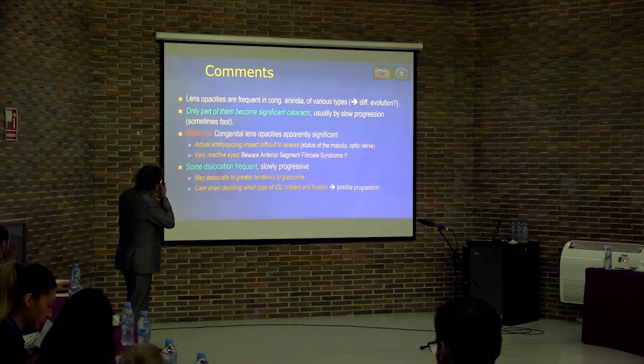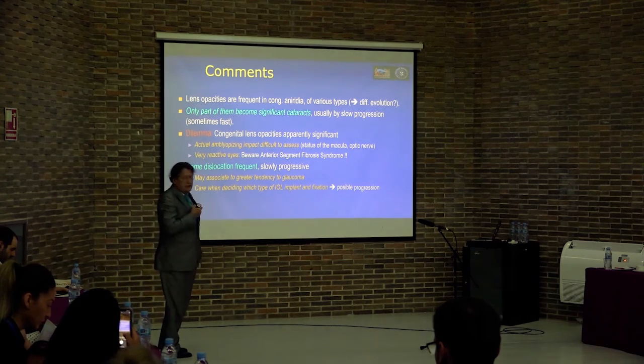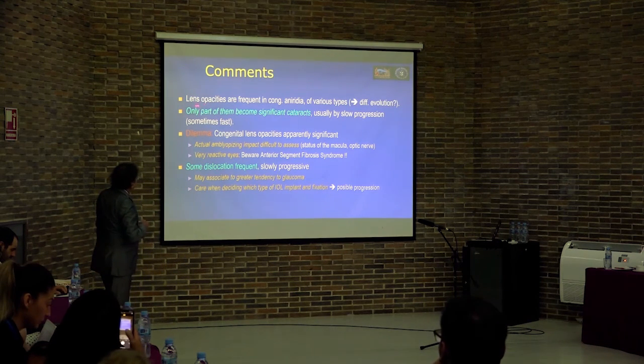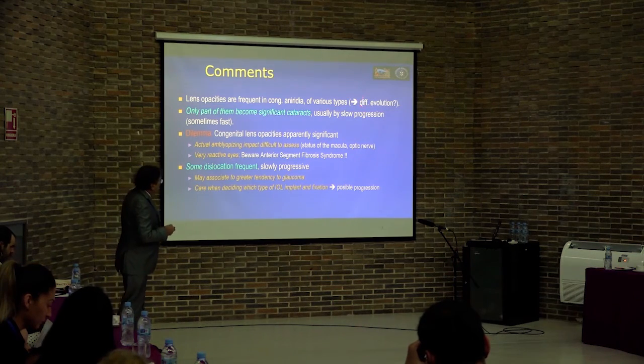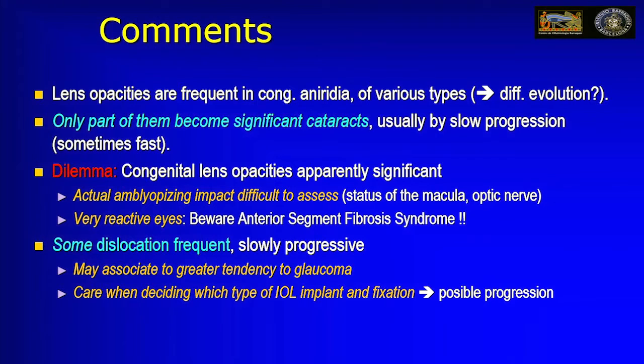So, just to summarize, and then we will have the opportunity of discussing the surgical aspects with Juan: lens opacities, of course, are very frequent. There are various types, with different evolution. Is this something genetic, or are there environmental factors? Only part of them become significant cataracts, usually by slow progression. Sometimes it can be fast, as we have seen.